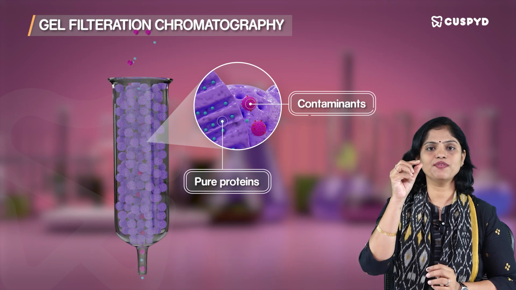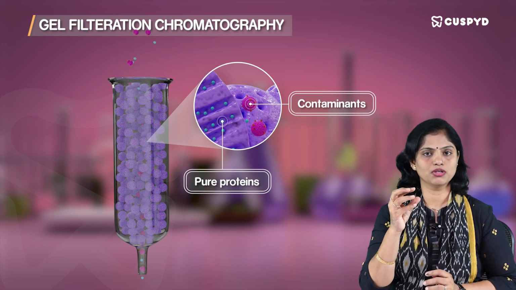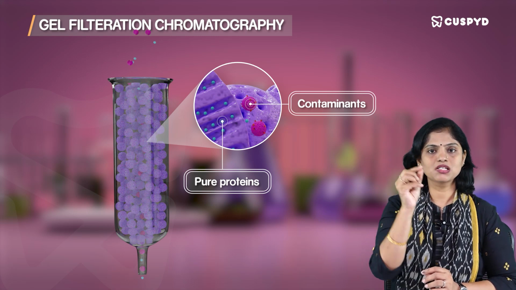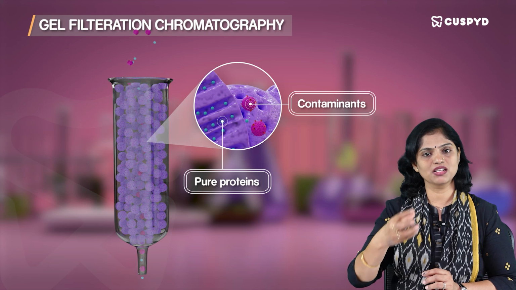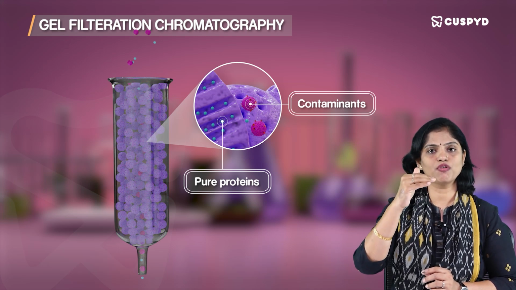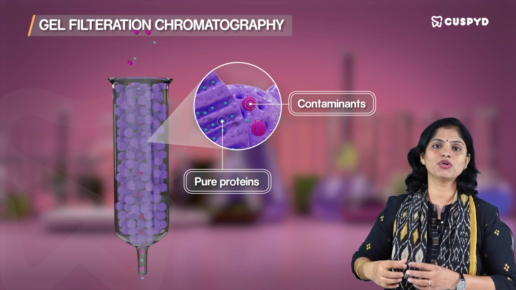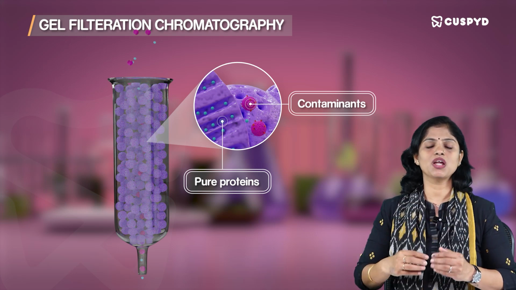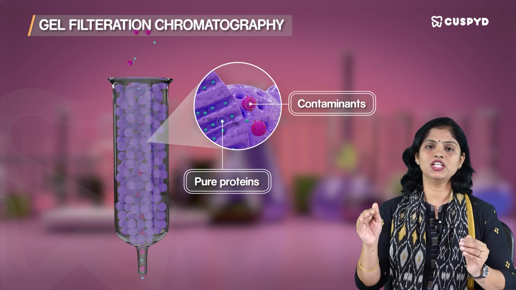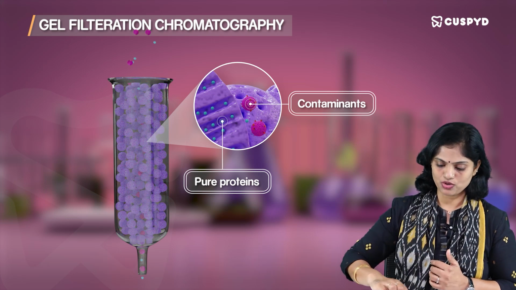You select a sieve size where, when you fill that particular column with your matrix, all the compounds which are larger will pass through the gaps present in the matrix and will come out first, but your protein which is below the cutoff limit of the bead size will enter into the beads, slowly get separated and come out last. So whatever comes out last is your pure protein. All other contaminants would have been separated in the initial stages. That is the simple principle that we use in gel filtration chromatography.